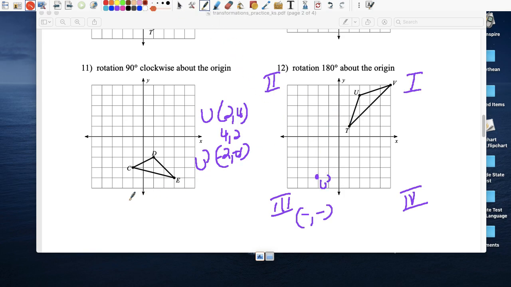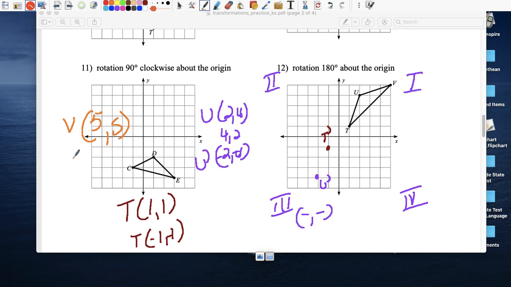Point T is easy. Is it 1, 1 right now? If you switch, it's just going to be 1, 1, but it's going to be in quadrant 3, so negative. So here's point T prime. Point V is at 5, comma 5. It switches again.